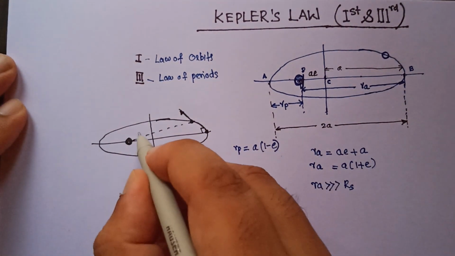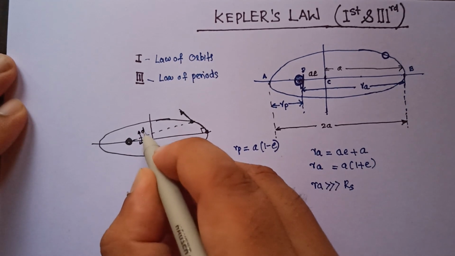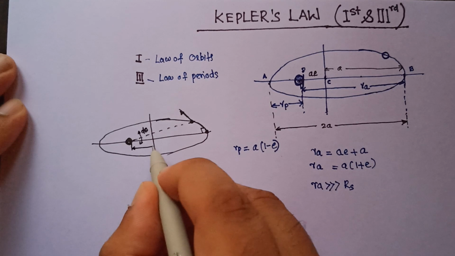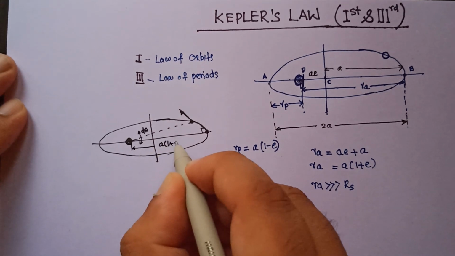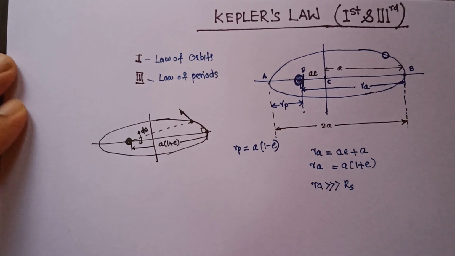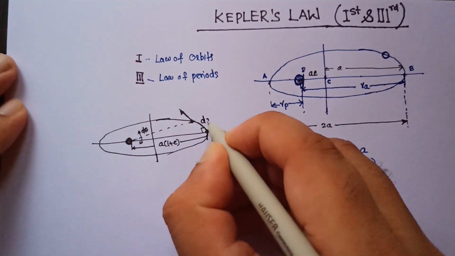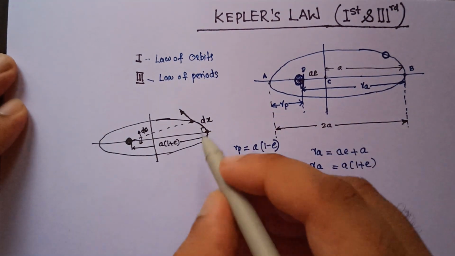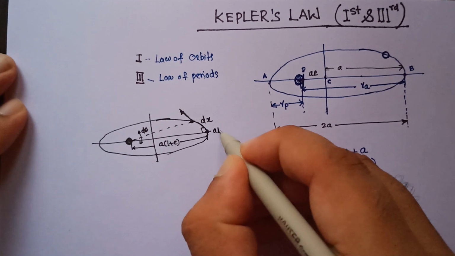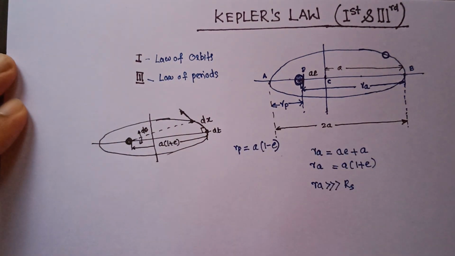Now this is going to have a d theta component. Now this total distance is A into 1 plus E. This is the farthest distance from the sun to the planet. So this is the distance traveled, dx. Maybe the time taken to reach from here to here, let it be dt. Now this is d theta.